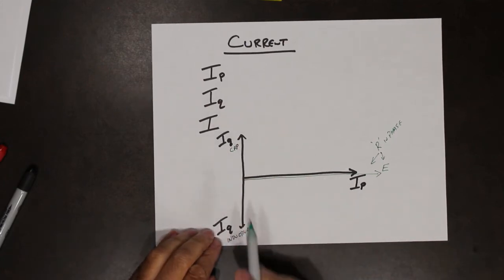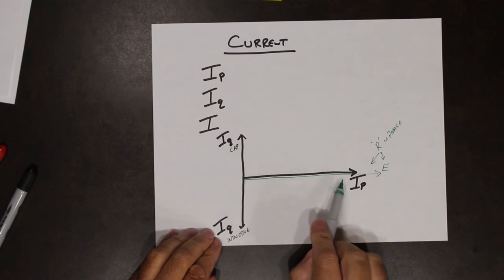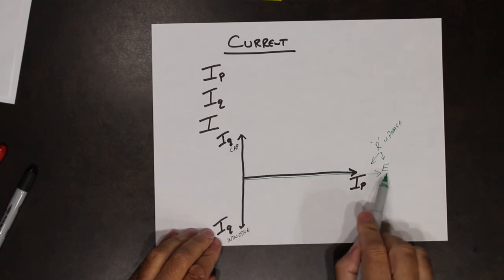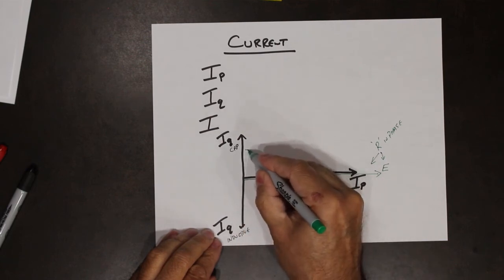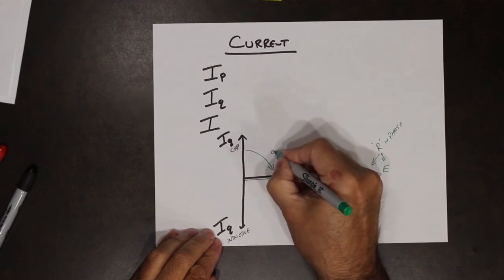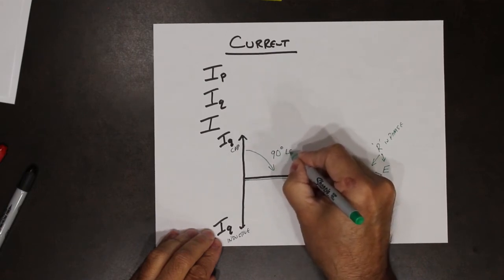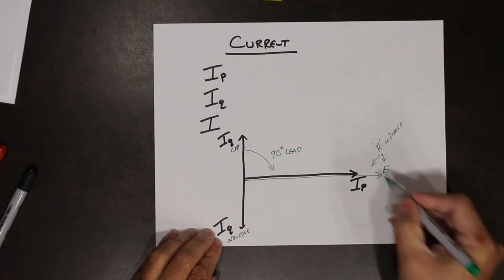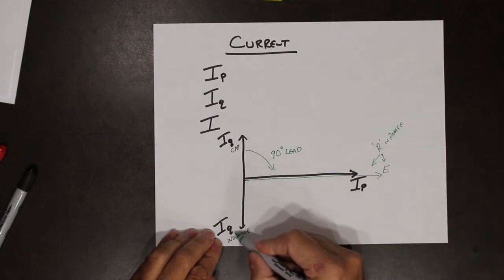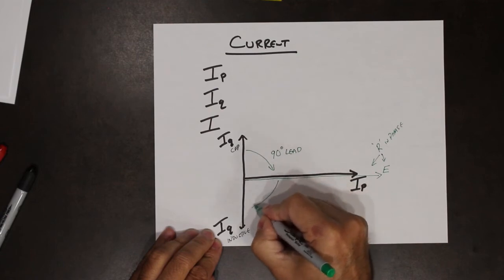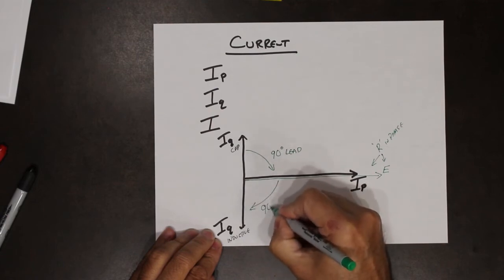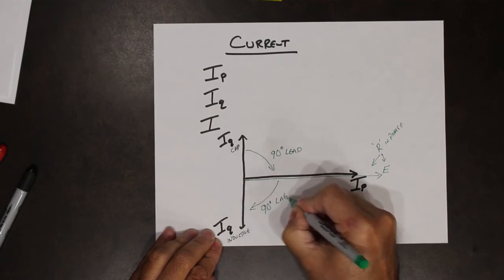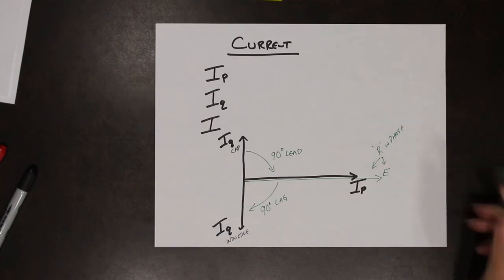Current in a capacitor leads the voltage by 90 degrees. The current in an inductor has a 90-degree lag from the voltage.